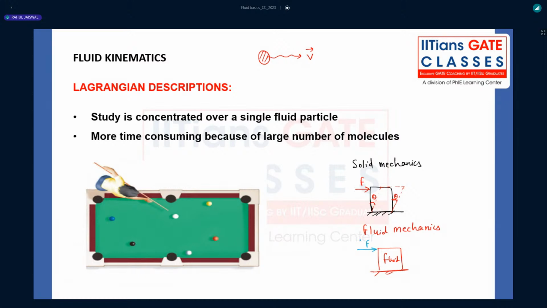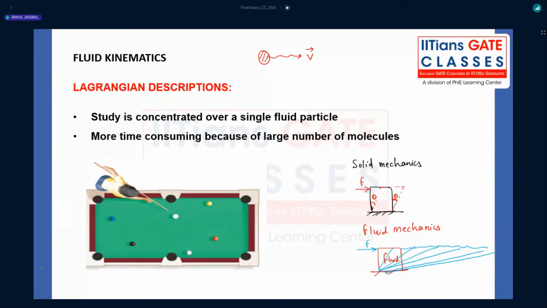Because the force is applied parallel to the surface, the fluid will be continuously deforming. It is not going to have a fixed deformation, it is going to have continuous deformation, and that is what we say is the flow. So that is a major difference between solid mechanics and fluid mechanics.